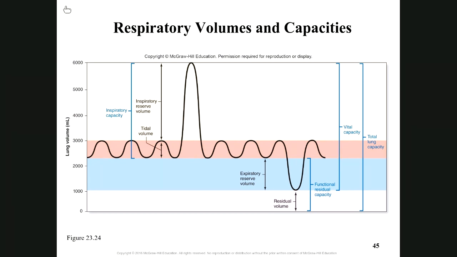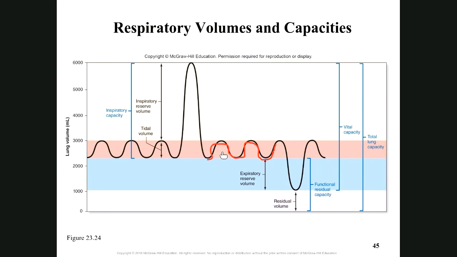Look at here, you can see this part shows us normal inhalation and exhalation. We call it tidal volume. Tidal volume is the amount of air inhaled or exhaled per each breathing during quiet breathing.